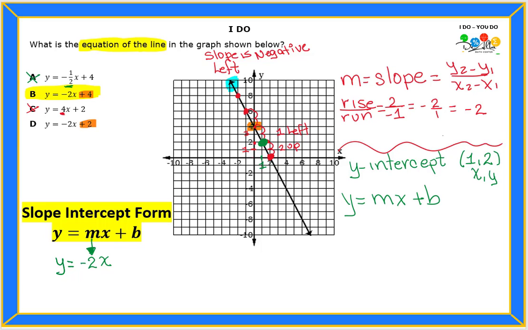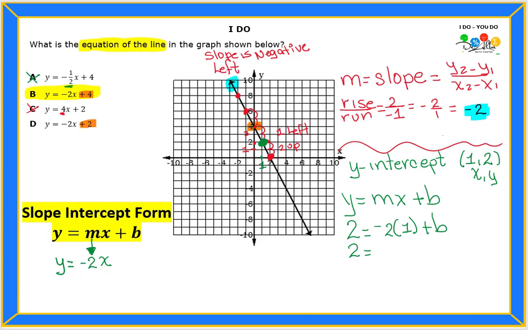So the y is 2. m, we found it earlier, right? And we said m is what? Negative 2. Very good. Okay? So I'm going to write down negative 2 times x, which is 1, plus b. Okay? So let's work on my problem.